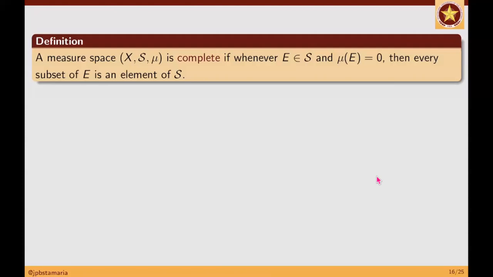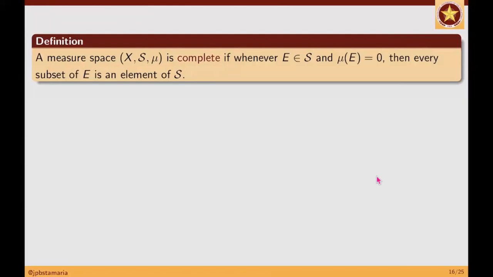Okay, kaya meron tayong ganitong definition. A measure space is said to be complete. So this is different from a complete metric space or whatever. You might have heard this term before, but it has nothing to do with that, yung completeness before, no?